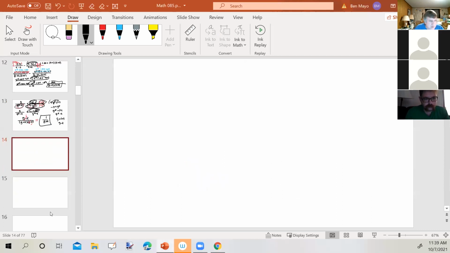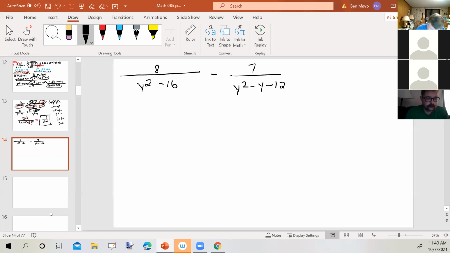Okay, so just perform the operation, simplify if possible. So we've got 8 divided by y squared minus 16, minus 7 divided by y squared minus y minus 12. So I'm going to rewrite each of these original fractions, factoring the denominators.